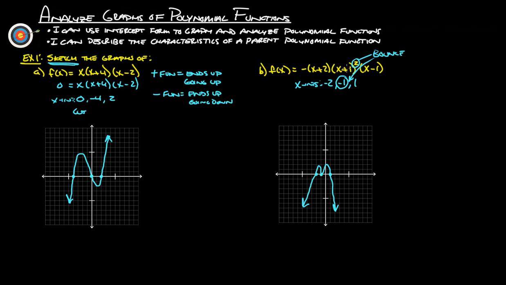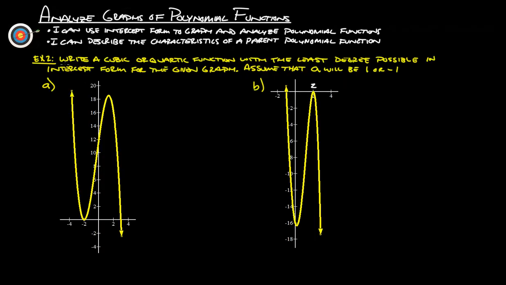Because it's 1, 2, 3, fourth power, so since it's negative, it's going to start by going up as we go left to right, and it ends by going down. The arrows are always going to point in the same direction on an even function, and in opposite directions on an odd function.